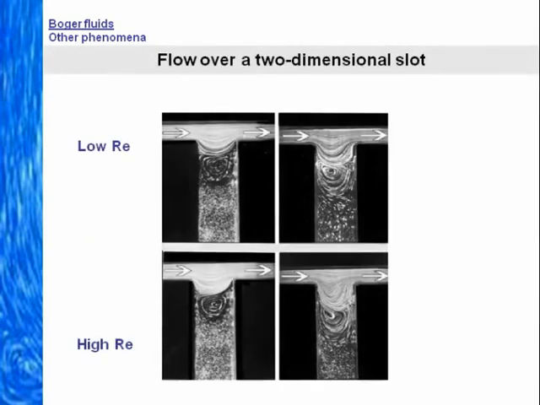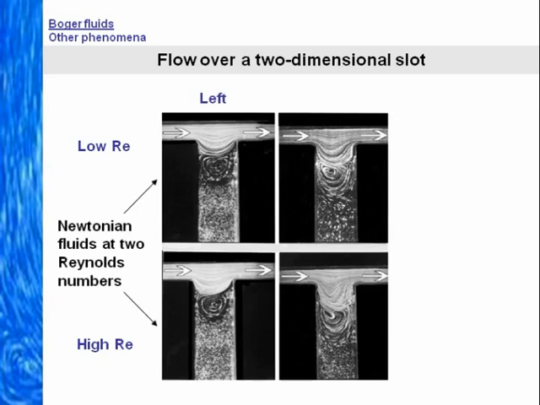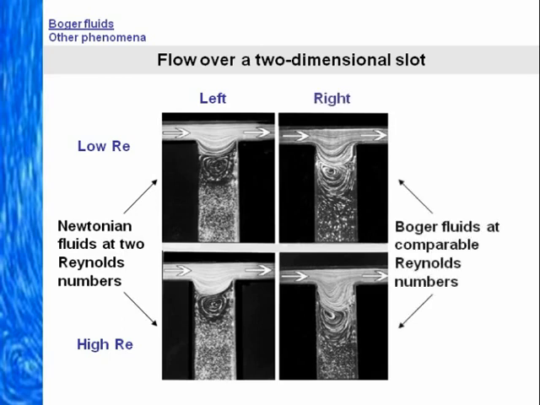So we show pictures of flow over a two-dimensional slot, which demonstrate that, in these experiments at least, fluid inertia and viscoelasticity are opposing influences, in the sense that the resulting secondary flows in the hole have opposite asymmetries. The pictures on the left are for Newtonian fluids at 2 Reynolds numbers, while those on the right are for Boger fluids at comparable Reynolds numbers.